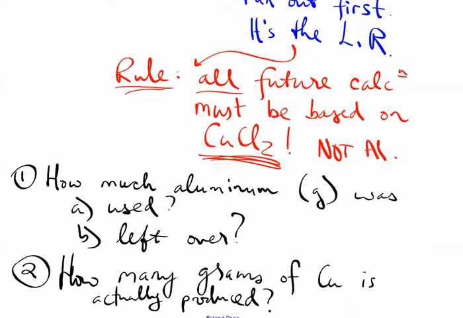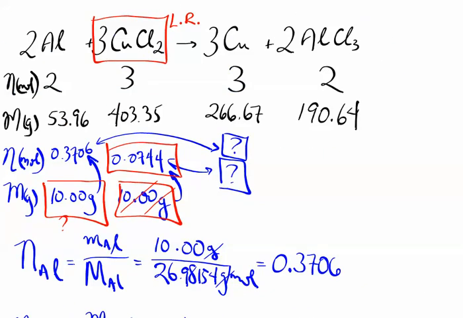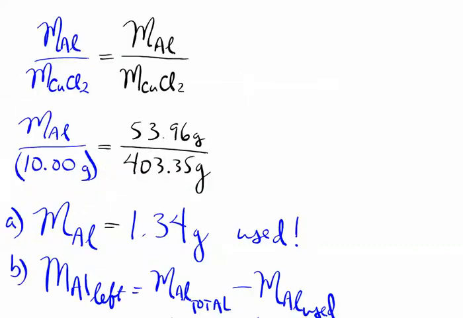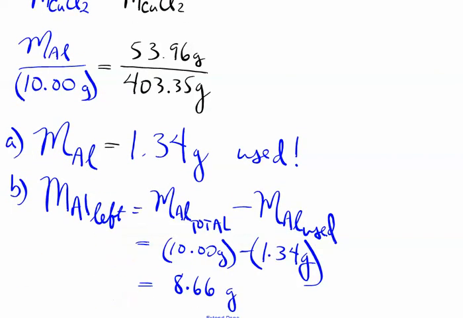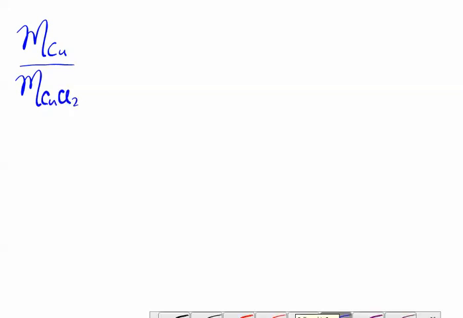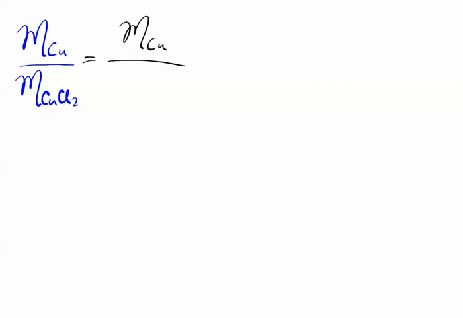And then how many grams of copper is actually produced? Okay, so now we got to go back, and again, we're going to put everything in terms of copper 2 chloride, because we can't use the 10 grams of aluminum unless we change this, but we're not going to. So our mass of copper actually produced divided by the mass of copper 2 chloride, which was completely used, right? And that gives us the mass of copper here and mass of CuCl2 there.